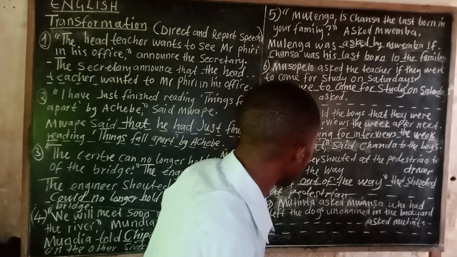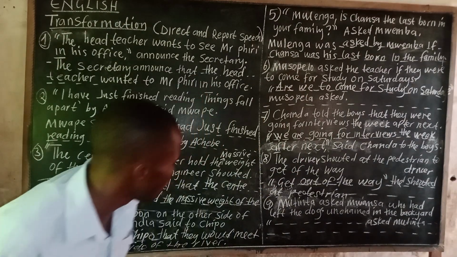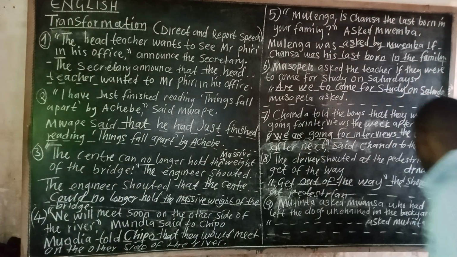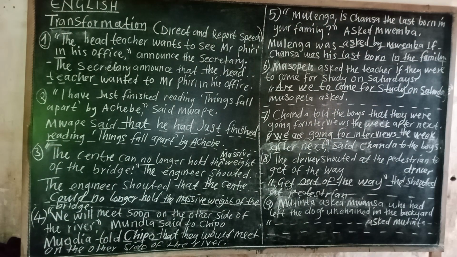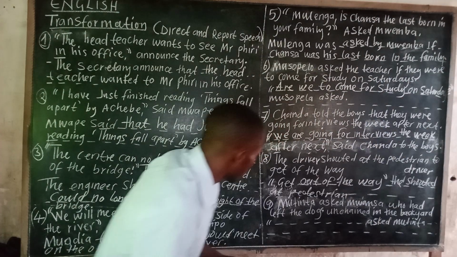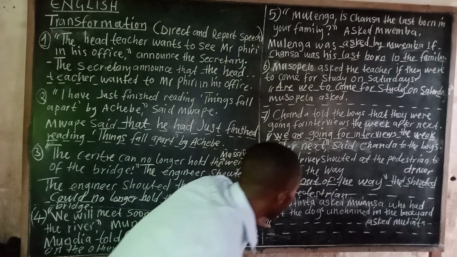Mutinta asked Mwansa who had left the dogs unchained in the backyard. That is the reported speech, so we can write this one in direct speech now.